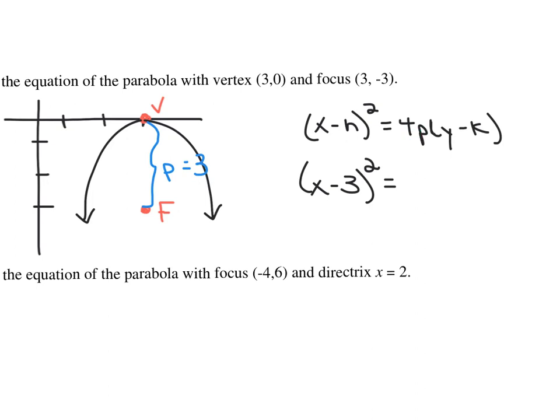And remember, we said it was negative, so this would be -12. And then y minus 0. Now you could leave it that way, or it's customary not to write y minus 0, but if you wanted to leave it that way, it's perfectly fine. We just typically write it as -12y.